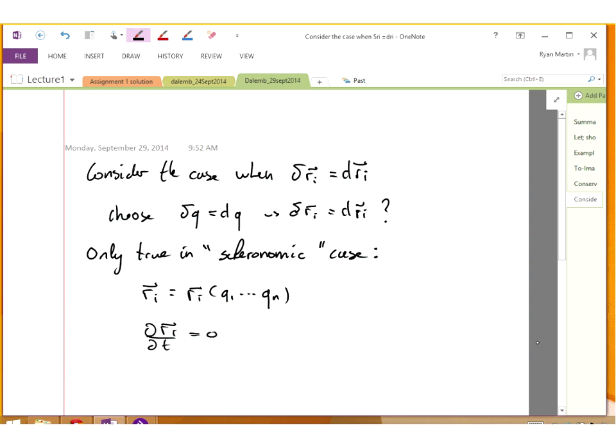That was in our first or second lecture. In that case, delta q equal to dq does imply that delta r_i will be equal to dr_i.